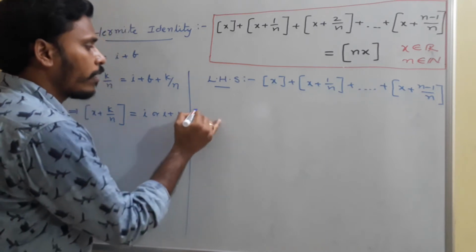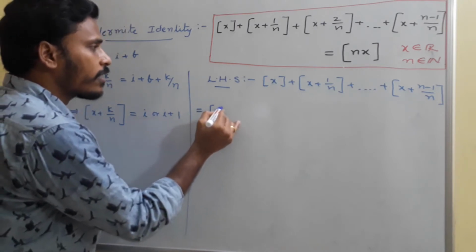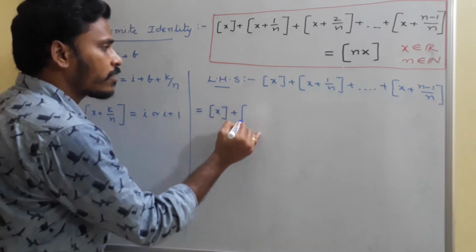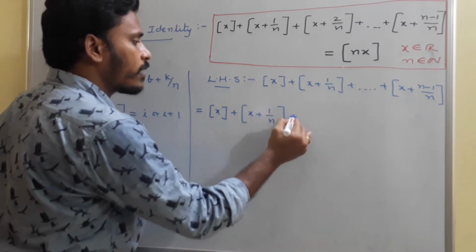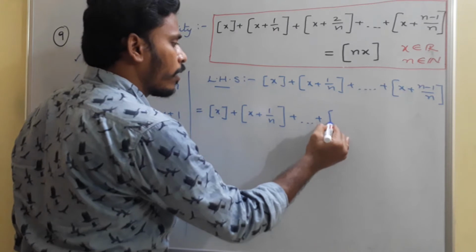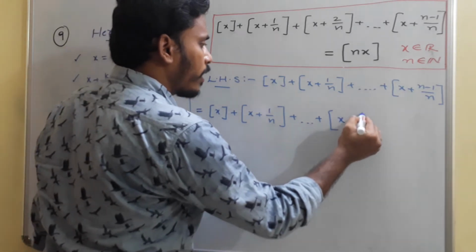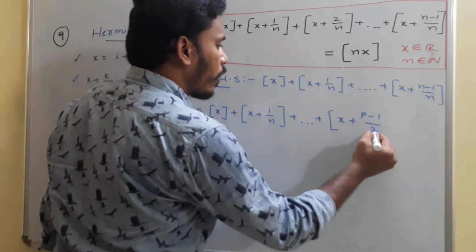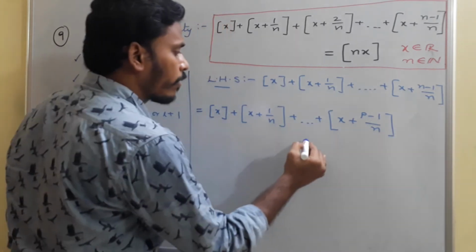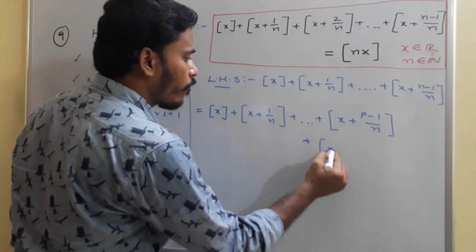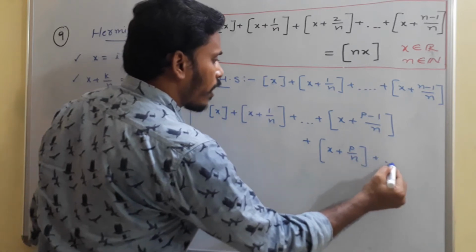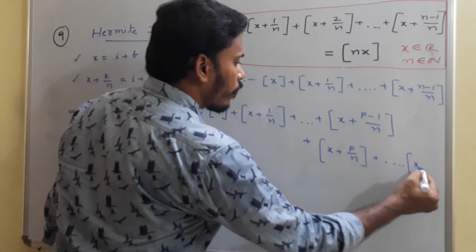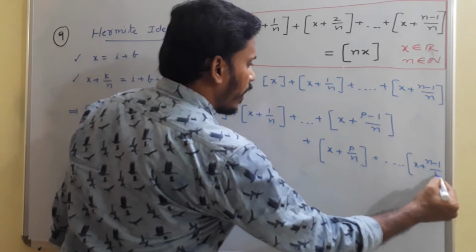Just have a look. This is equal to step of x plus step of x plus 1 by n plus and so on plus step of x plus p minus 1 by n, okay, plus step of x plus p by n plus and so on, which is step of x plus n minus 1 by n.